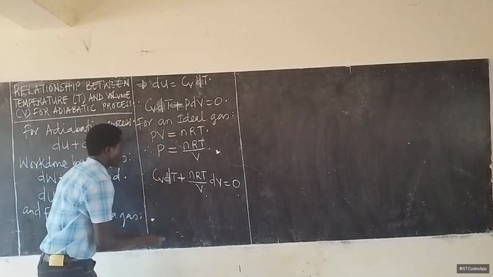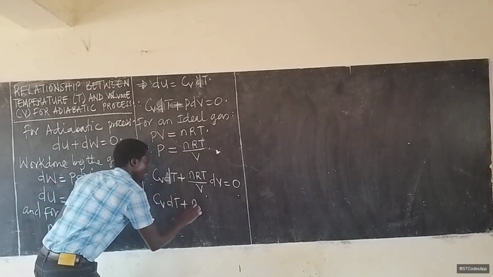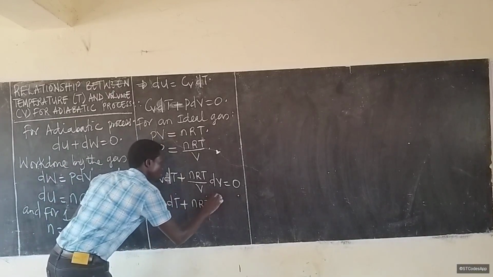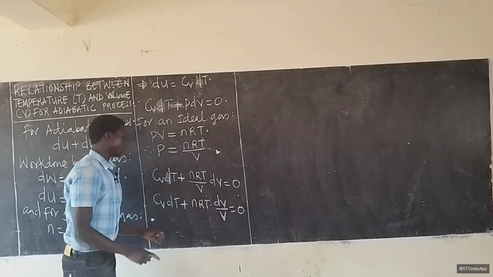So in this case, we can have Cv dT plus nRT times dV over V equal to 0.